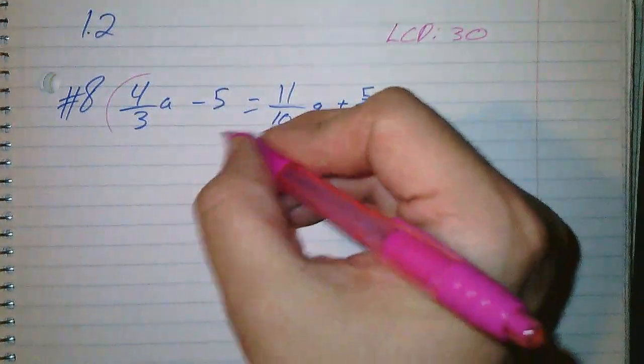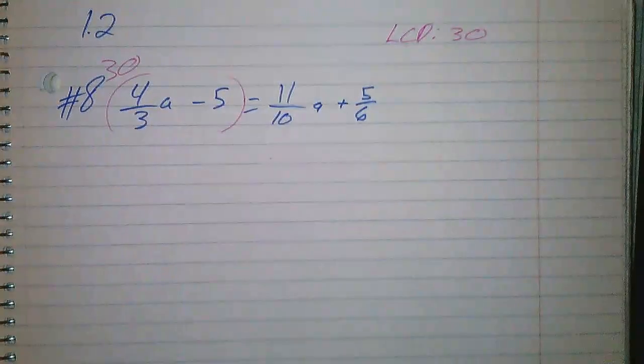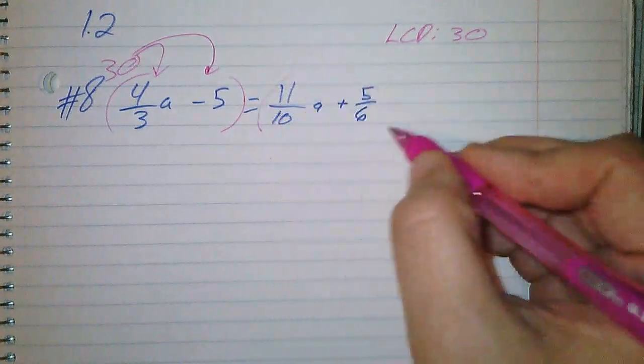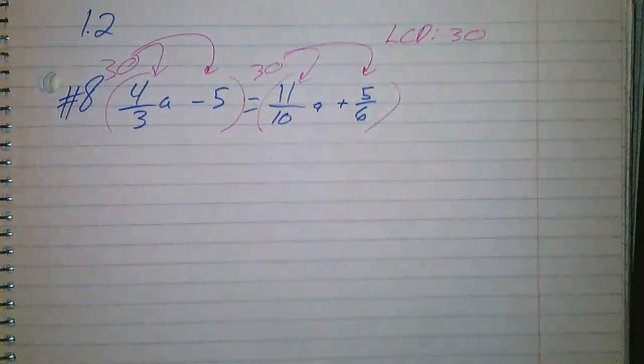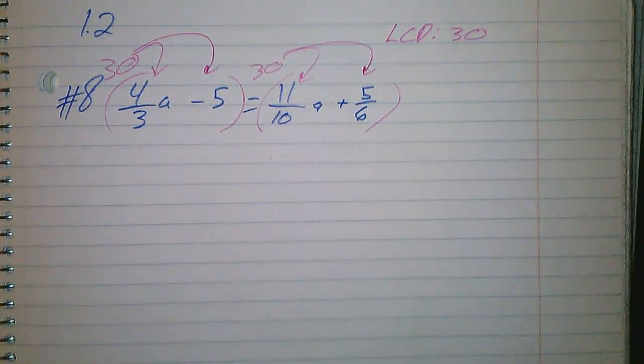And so as we multiply both sides by 30, we will clear the denominators. Each term will divide down, and there will no longer be a fraction.